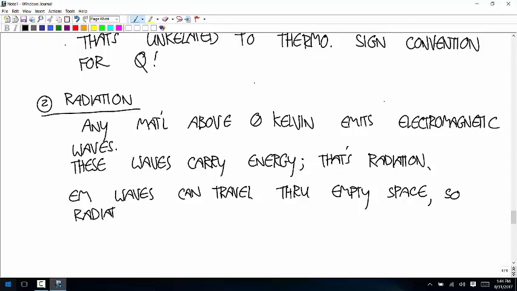It's the only one of these mechanisms for heat transfer that doesn't require a medium. Conduction and convection can't work through space. Radiation does.